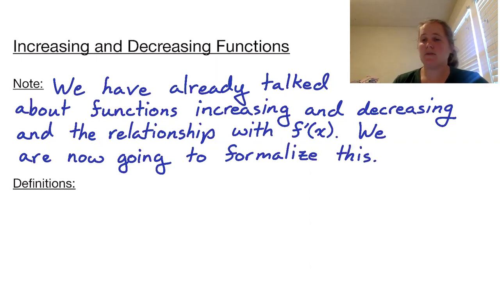First off, we just have to do quick definitions: what it means for a function to be increasing and what it means for a function to be decreasing.